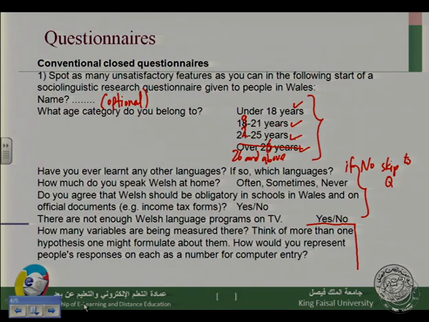Because here you are presupposing that they would answer yes, since you are saying, if so, which languages? But how about if the answer is no? I haven't learned any other language. So you should have another option. If no, skip to question number 4, for example.